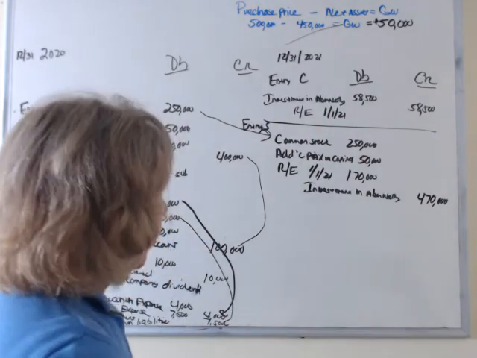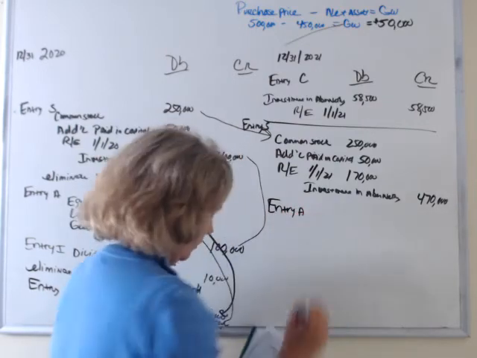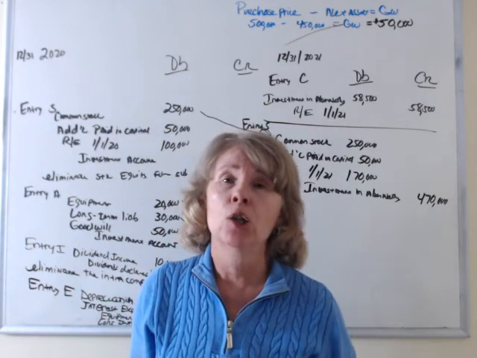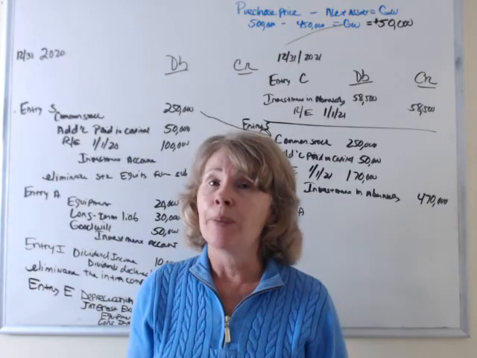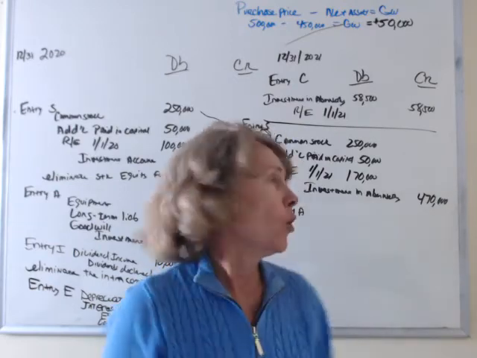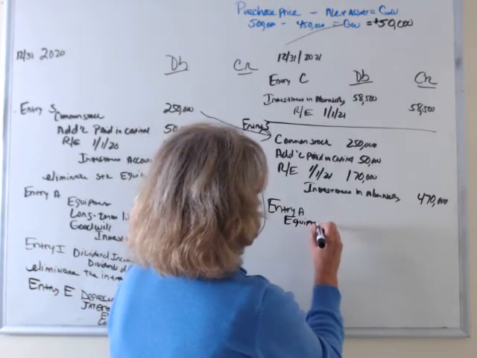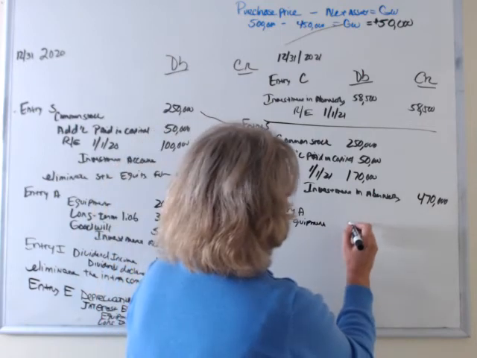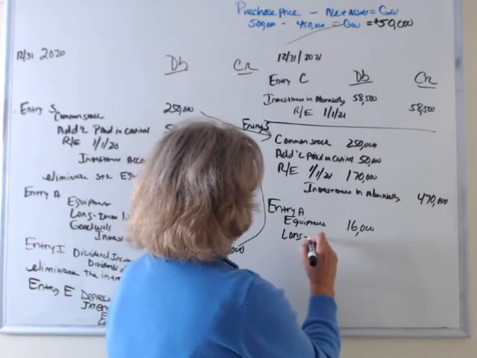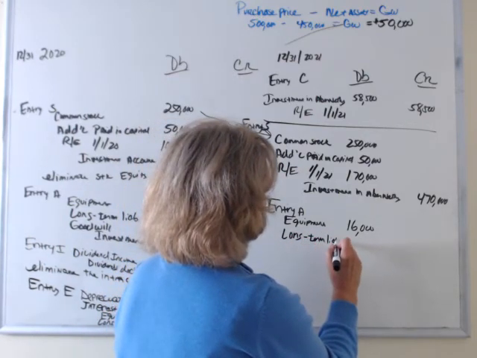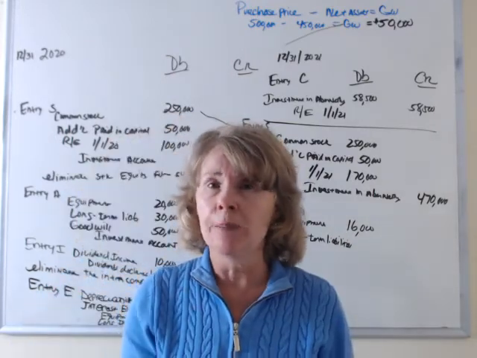Okay. Now I have entry A. Okay, everybody listening? My equipment is now different. It was 20,000, but I made an adjustment for 4. So my equipment is now only 16,000. My long-term liabilities. It was 30,000, but I made an adjustment.